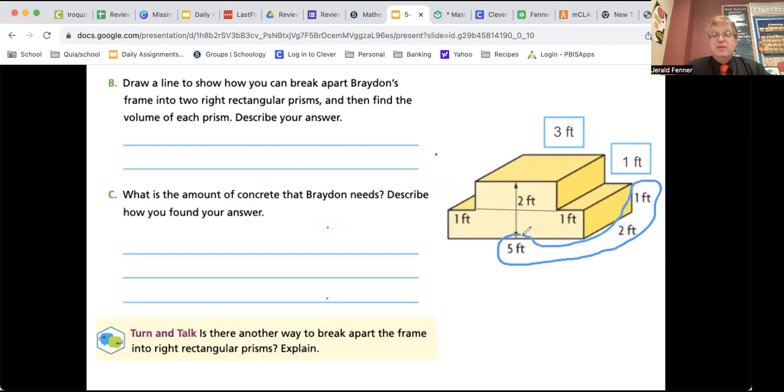Find those three numbers and circle them. And then over here, you're going to have to find another three numbers for the second one. That's why I just like to write the 2 feet right up here. Because then you're going to have 2 feet times 1 foot times 3 feet.